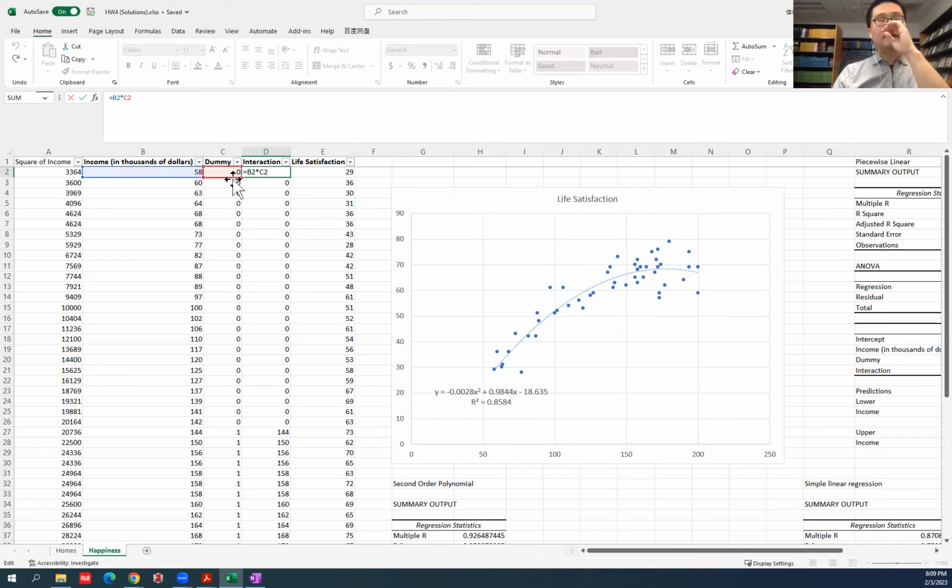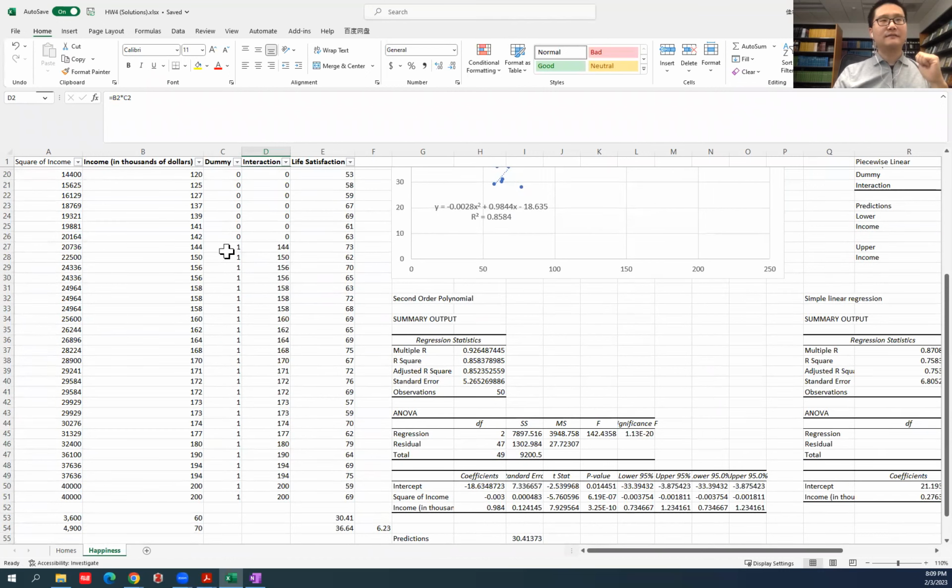Because the first half of the participants had 0 as the dummy variable, and 0 times any value becomes 0, you see that for the first half of the interaction term, all the values were 0, whereas for the second half, we're multiplying income with 1. So that's why this interaction term takes the value exactly as in income.